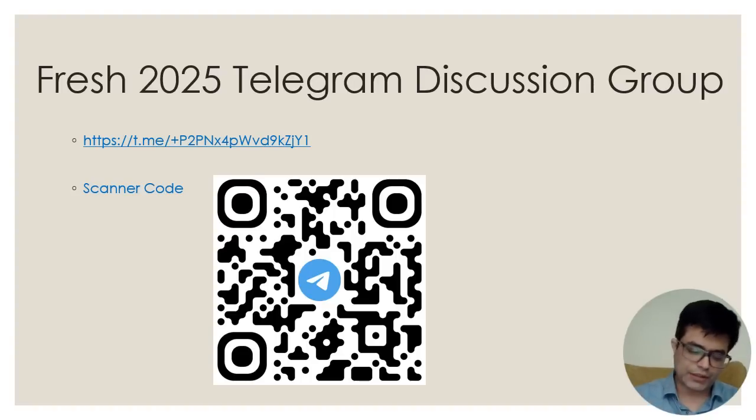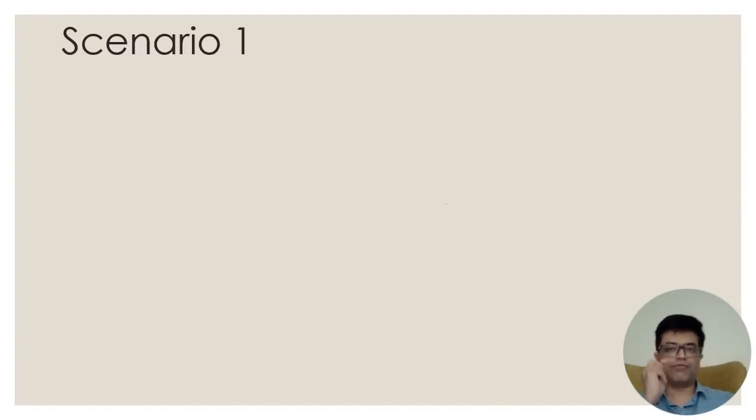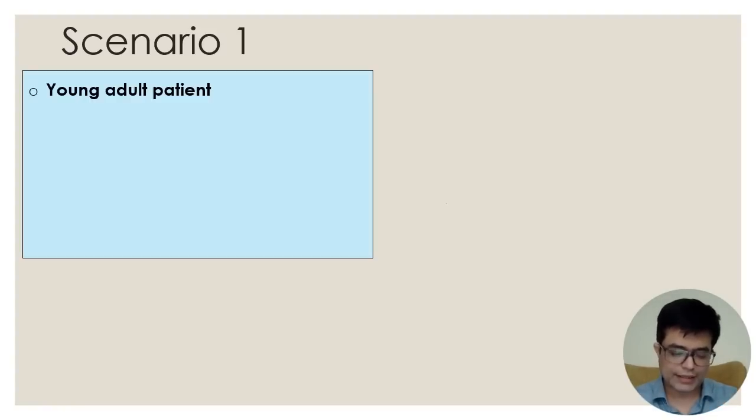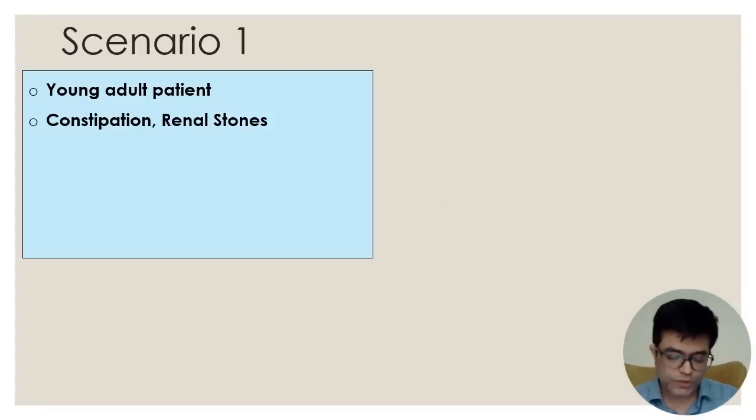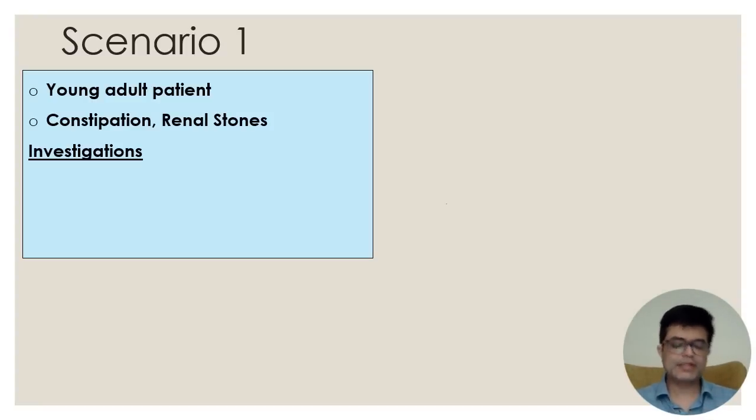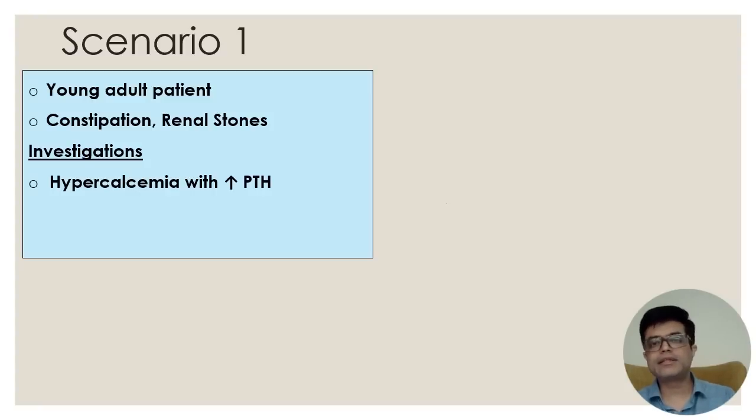So let us start with the scenario based discussion. The first scenario that we are going to take up: the patient will present to you with certain features. What are the keywords that you need to look for? The examiner will say that there is a young adult patient presenting with constipation and renal stone. When investigations were done, you found that the patient has increased calcium levels with hyperparathyroidism.